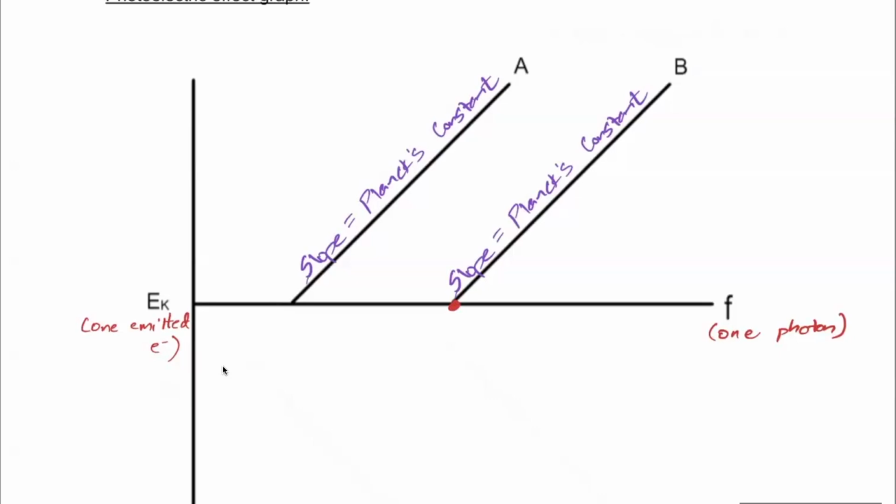The x-intercept is the threshold frequency. Otherwise known as F naught, and that is the lowest frequency at which the photo effect would occur.